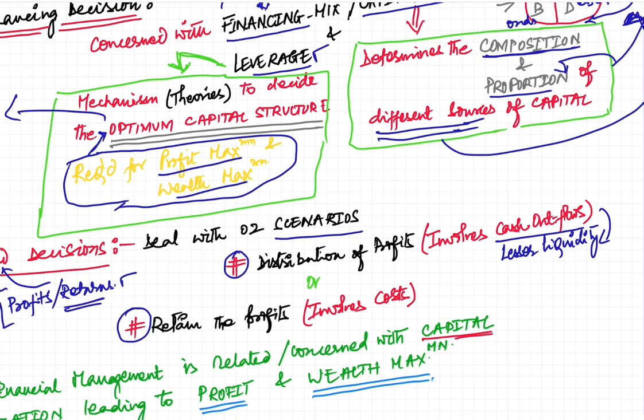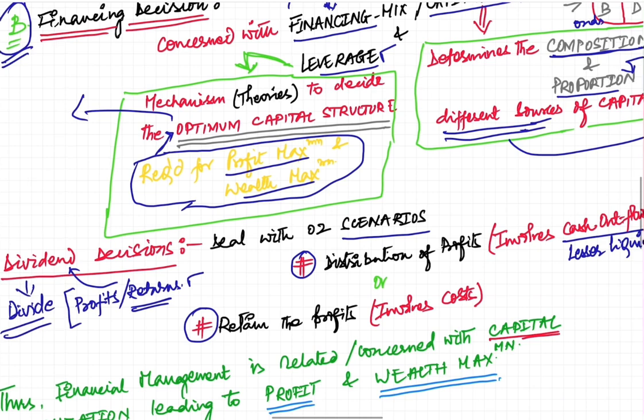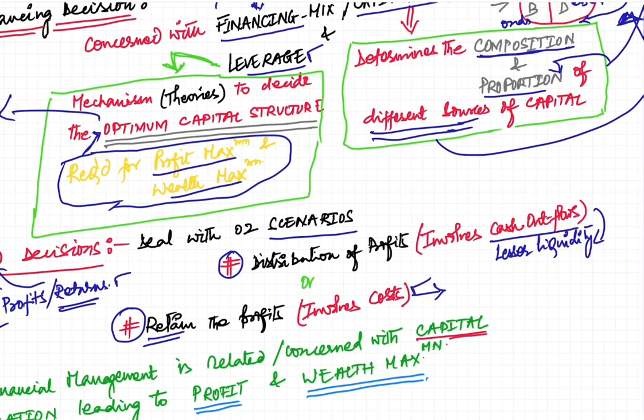Or, in other words, dividend decisions also relate to the decision whether the profits that you have earned should be retained. Now, whenever you retain, you are going to incur cost. Now, what is the cost here? If you keep back the money that you owe to somebody, you incur a cost.